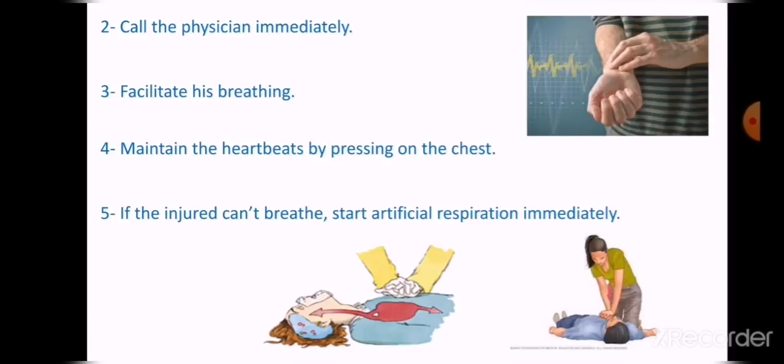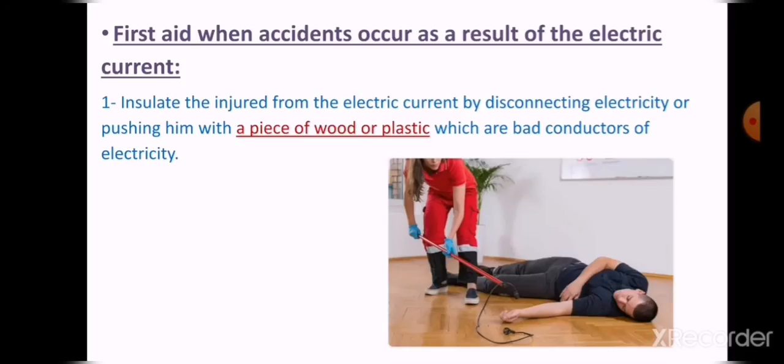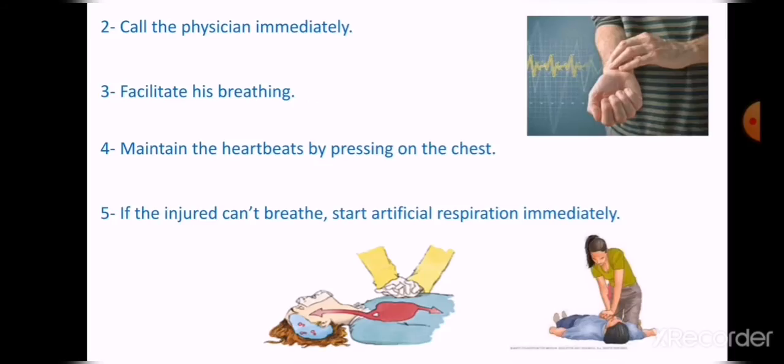And if the injured can't breathe, start artificial respiration immediately. So these are the first aid steps to do with the injured when accidents occur as a result of electric current.